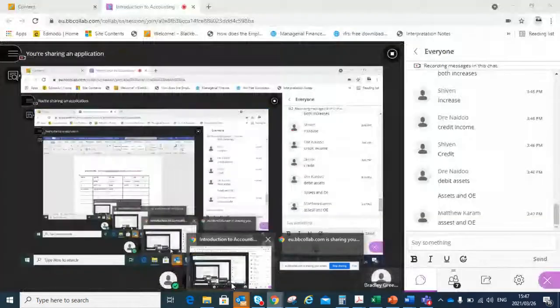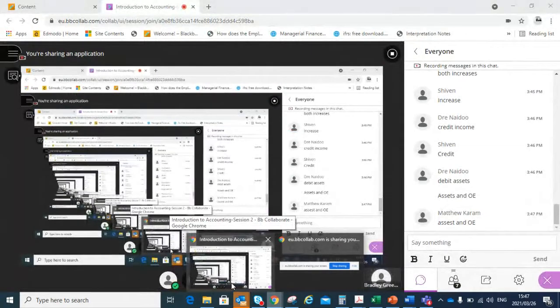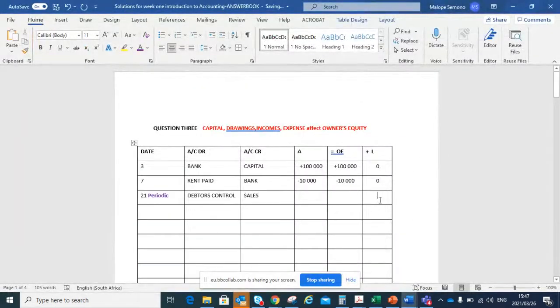I think someone sent a message: we affect assets and owner's equity. Thank you so much. But how will I affect them? Plus, minus? Tell me. Obviously I'm going to put 0 here because there's no liability. Can you see there's no liability?